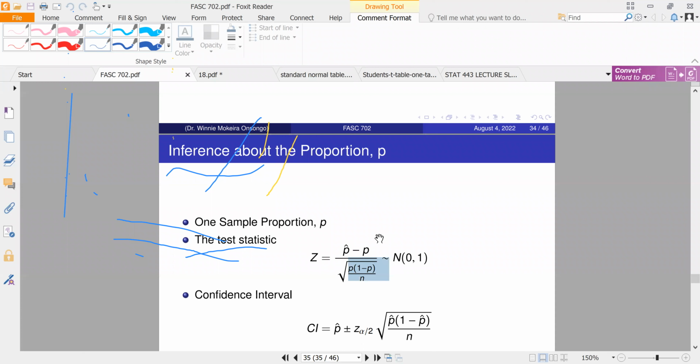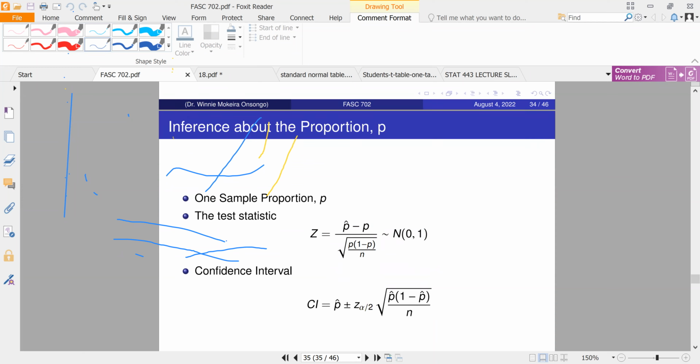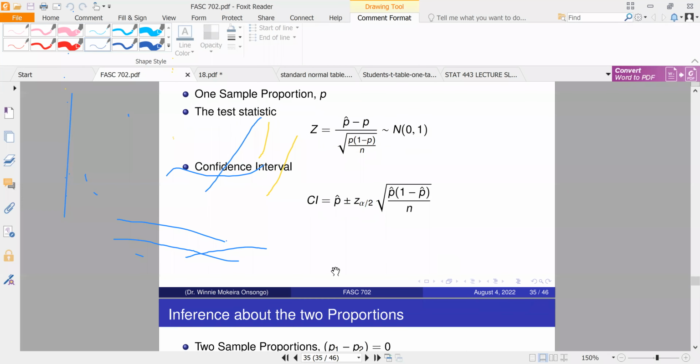And remember, like I said, this process of subtracting the expected value of the parameter and dividing it by its corresponding standard deviation yields a standard normal random variable. So that is why you can see that we are saying this is a standard normal random variable. Now with those, you can calculate the confidence interval.